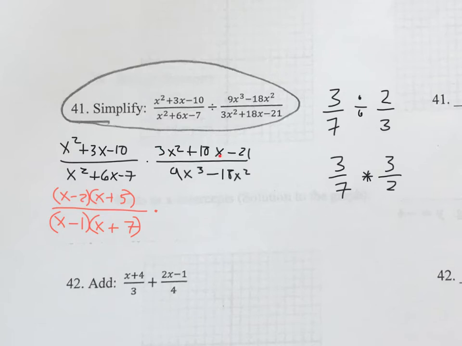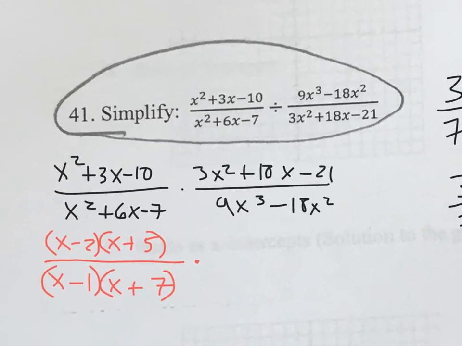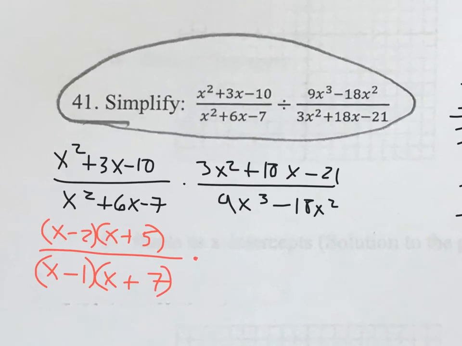And in this case, the answer is yes. You could totally factor out a 3. I'm going to write it up here above just to save some room. This could be rewritten as 3 times x squared plus 6x minus 7.